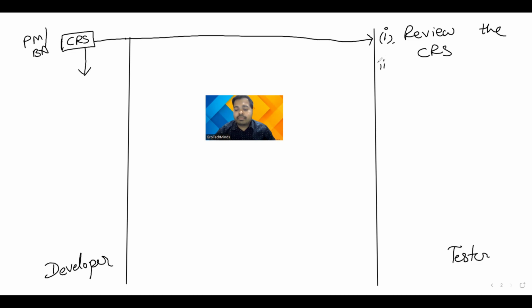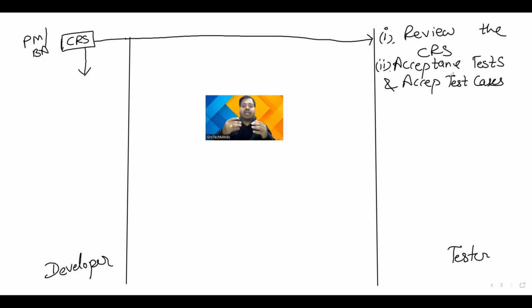Not just that, my tester is also doing one more activity: writing acceptance test scenarios and acceptance test cases. Are you all understanding what acceptance means? It is the basis on which I decide whether I have to accept my application or reject it. Okay.